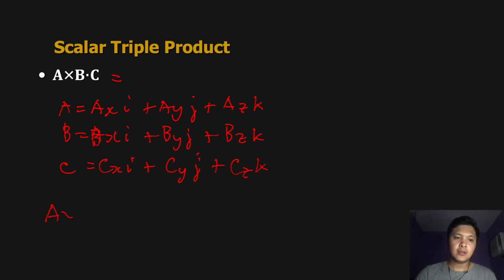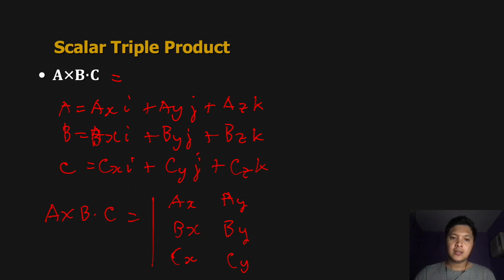So A cross B dot C is the determinant of AX, AY, AZ in the first row, BX, BY, BZ in the second row, and CX, CY, CZ in the third row.